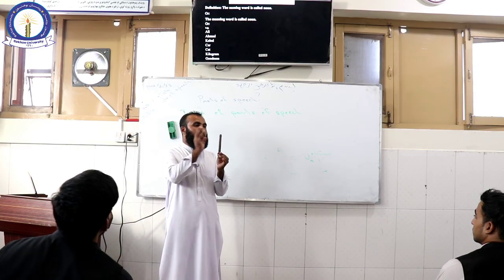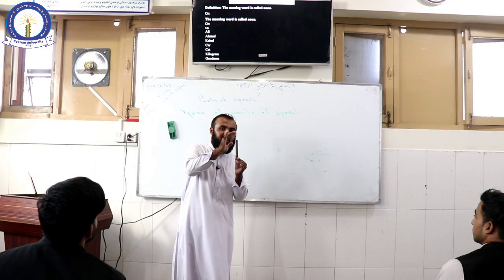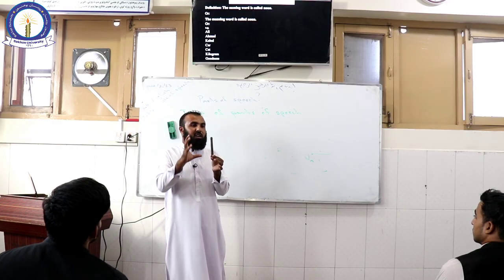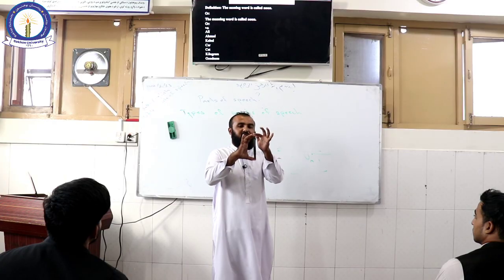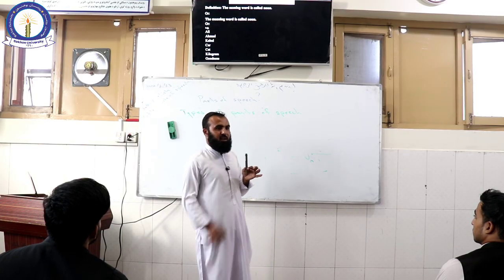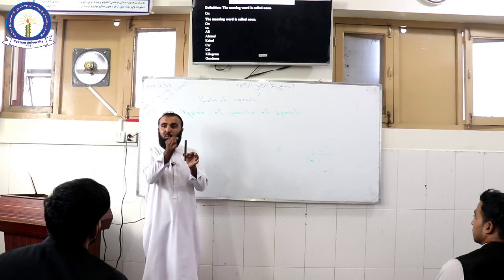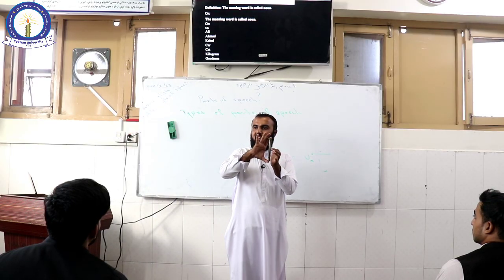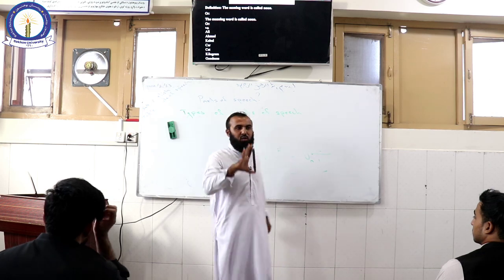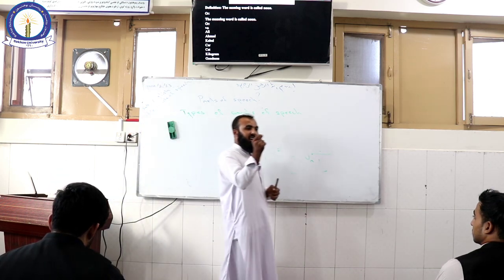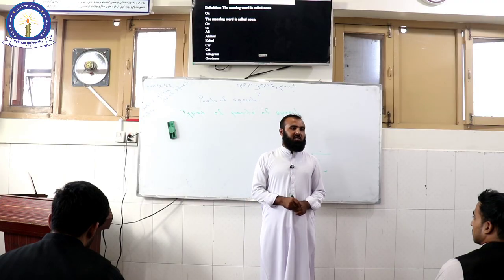Pretend this is the noun marker which names this object. The marker is the name and it names this object. So the naming word is marker, which comes and names these things. So the naming word is called noun, or the meaning word is called noun.